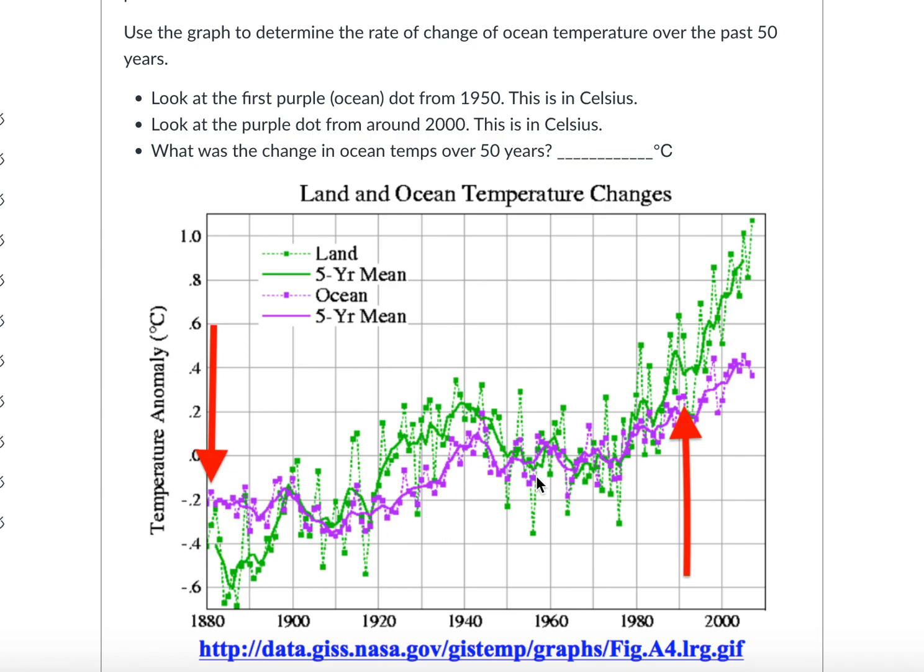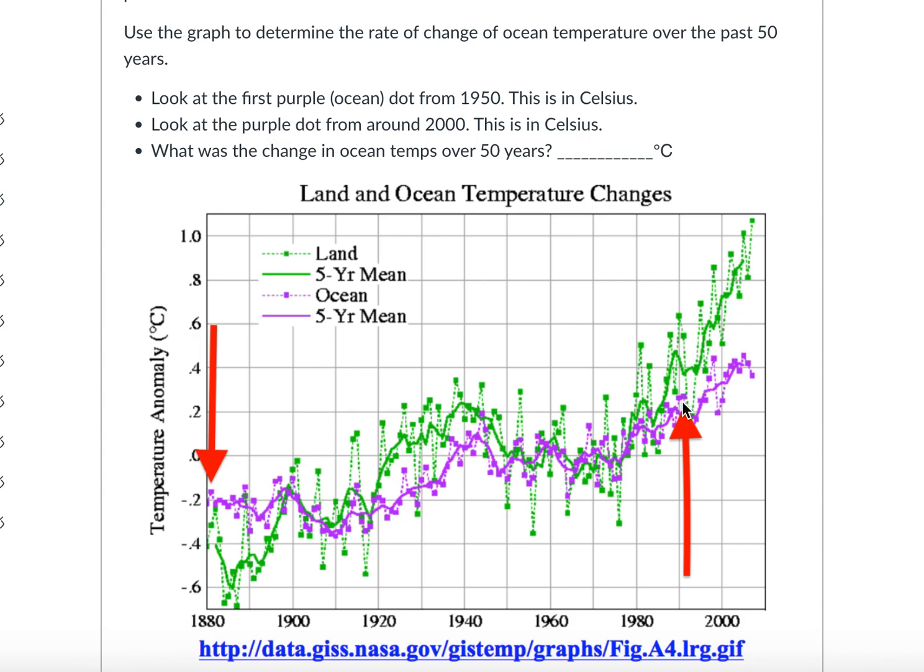I think it's 1880. But then over here, I want you to look at the purple dot that's over here. So basically, I want you to look at these 2 purple dots. This one here to this one right here. So this one is just above negative 0.2. And this one is just above positive 0.2.